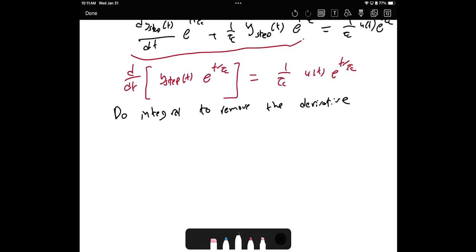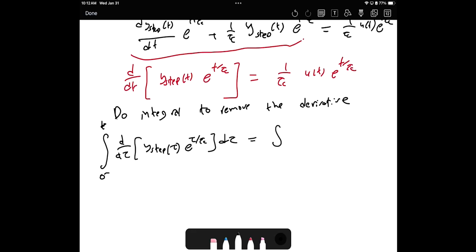So this will be the integral from 0 to t of d by d tau of y step of tau e power tau over tau c d tau, because we change the variables, replacing every t with tau. This equals the integral from 0 to t of 1 over tau c u of tau e power tau over tau c d tau.